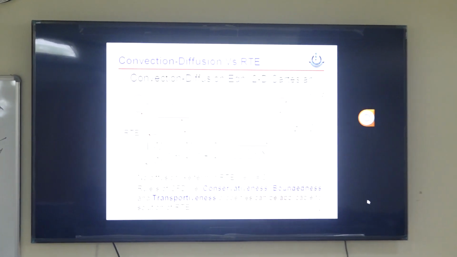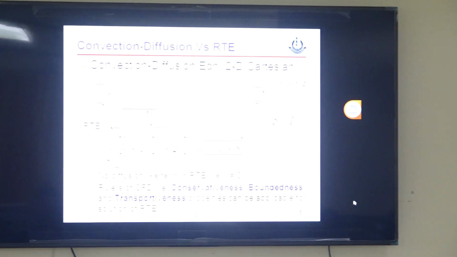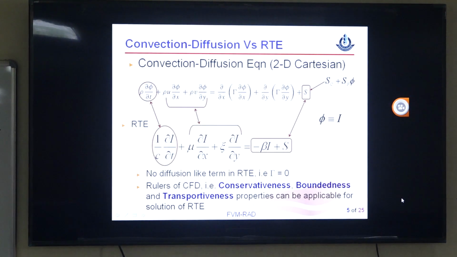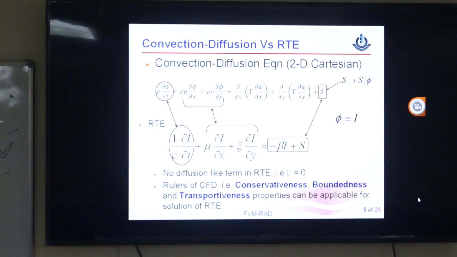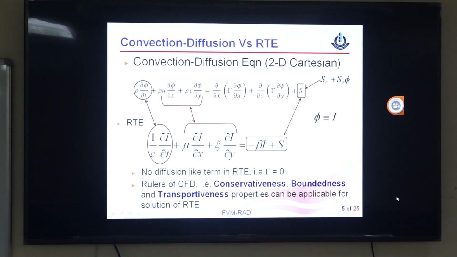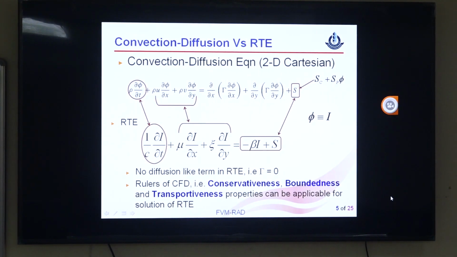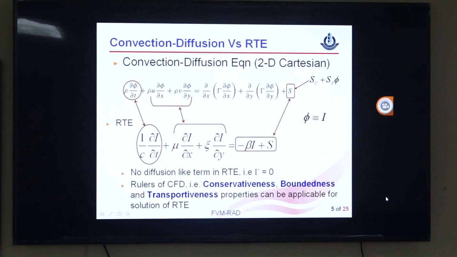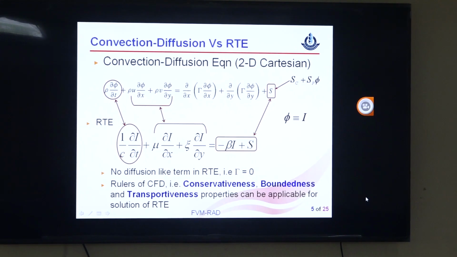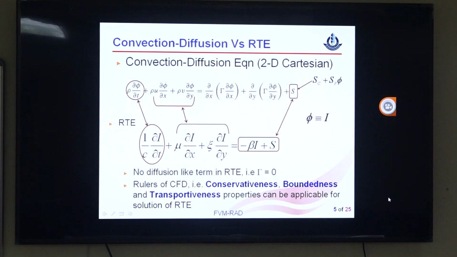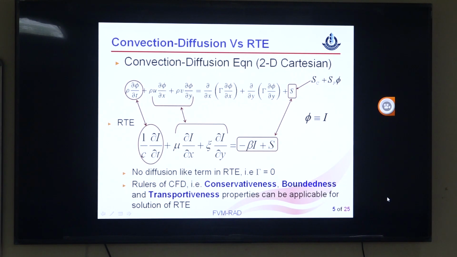For U and V, you have to compute the flow field from the momentum equation, but here you do not have to, because these are fixed values; you predefine the direction in which you want your photon to travel. So mu and xi is a simplified form of the convection diffusion equation with a constant velocity: a priori you know the flow field, then you want to predict the temperature distribution. So these three features are quite valid for developing a methodology for our radiative transfer equation.